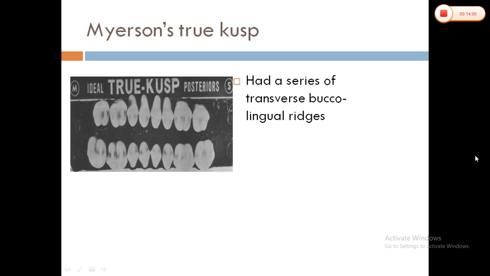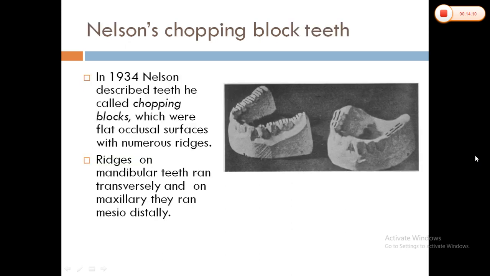This had a series of transverse buccolingual ridges. Nelson's chopping block teeth. In 1934, Nelson described teeth he called chopping blocks, which were flat occlusal surfaces with numerous ridges. Ridges on mandibular teeth ran transversely and on maxillary they ran mesiodistally.